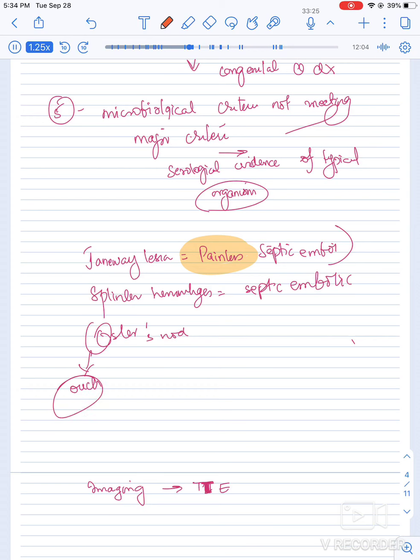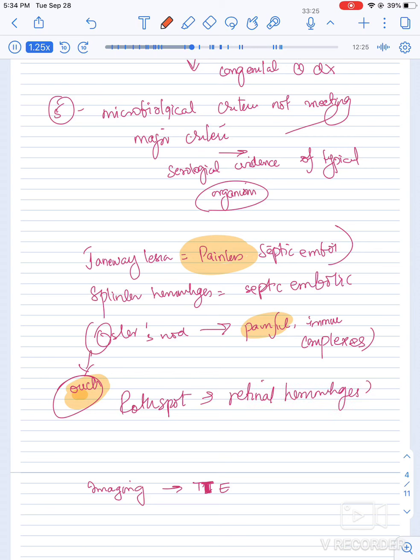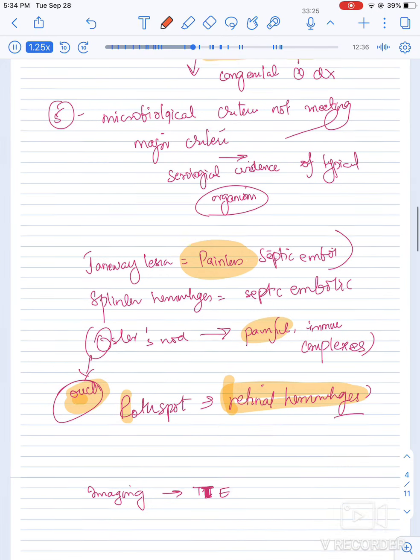It's because of Dr. Osler, but anyways, this is painful, from immune complexes. And then Roth spots. These are retinal hemorrhages, but this occurs because of the immunological phenomena. And in the other literature that I was reading, it could be 3 minor, not just 2 minor.